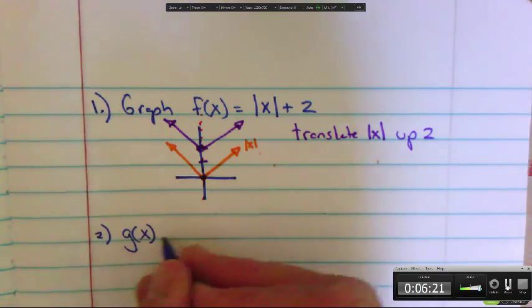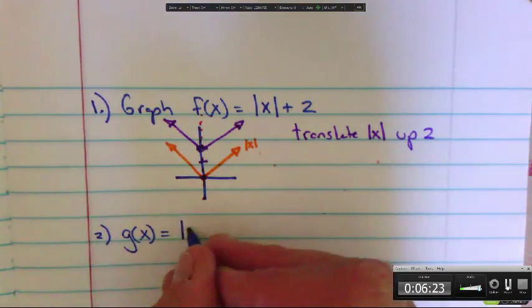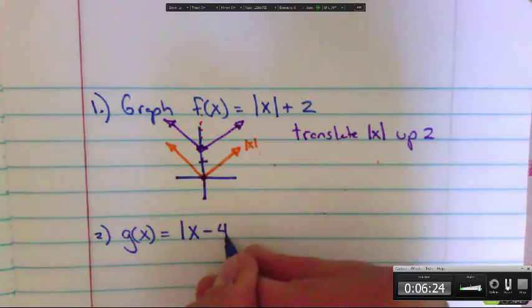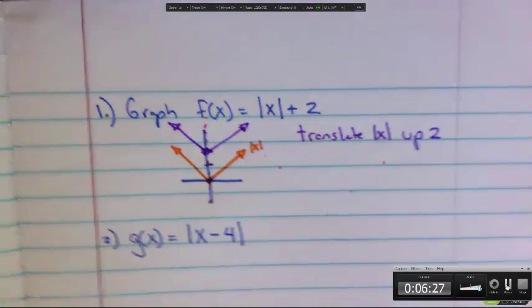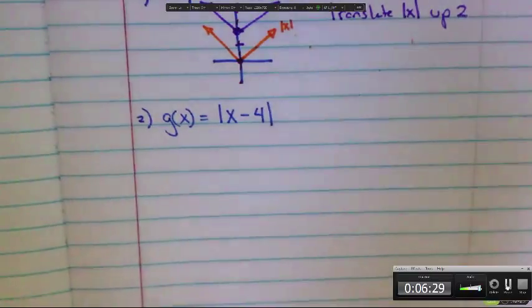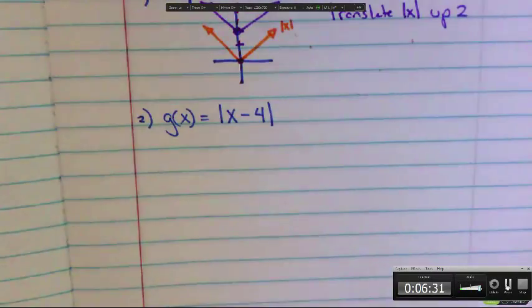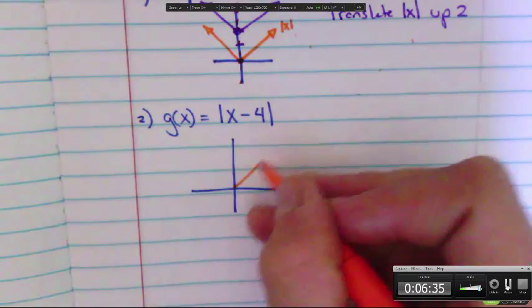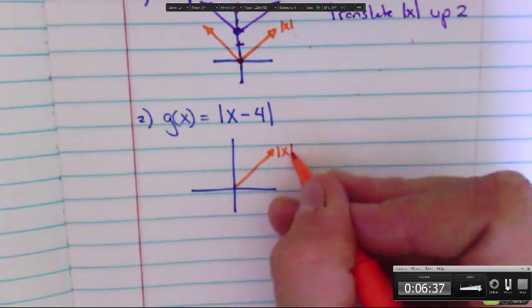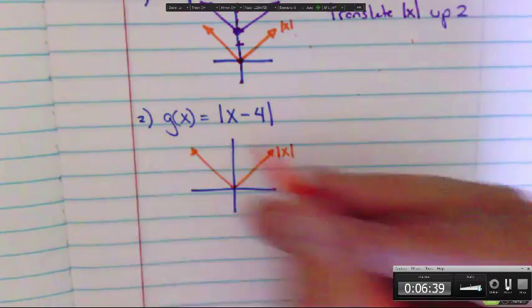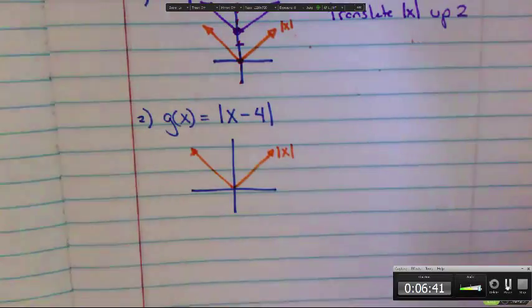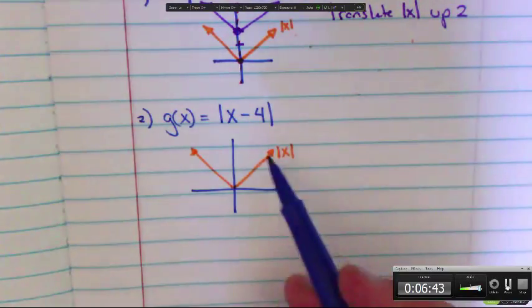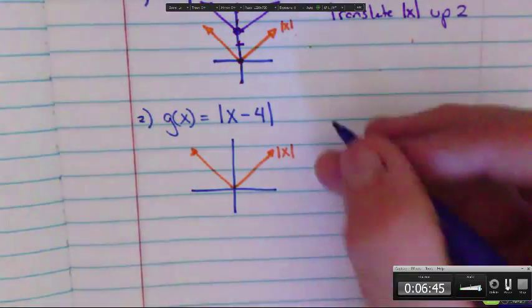Now let's say we were to have g of x is equal to the absolute value of x minus 4. You should look at this and notice that, okay, the parent function is absolute value of x. This is the absolute value of x minus 4. So we have the x inside of the absolute value being manipulated.